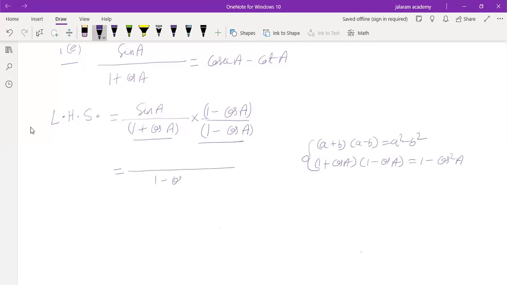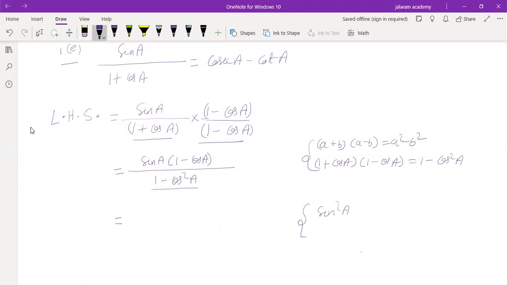So the denominator becomes 1 minus cos square a, and write the numerator without expanding. Solve only one step each line, otherwise sometimes it becomes tough to solve.